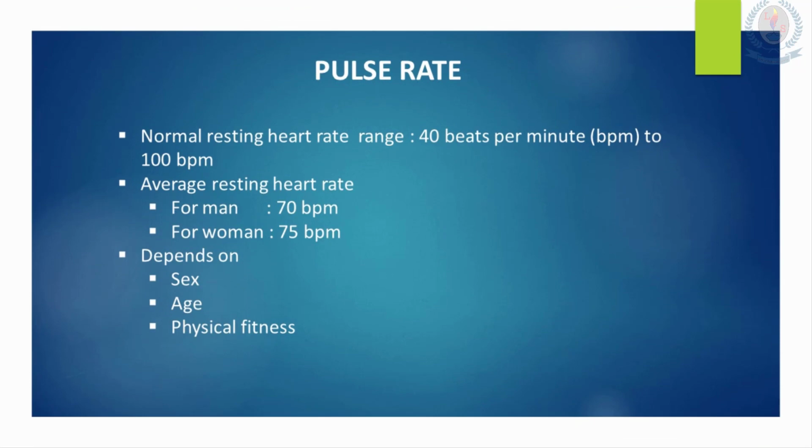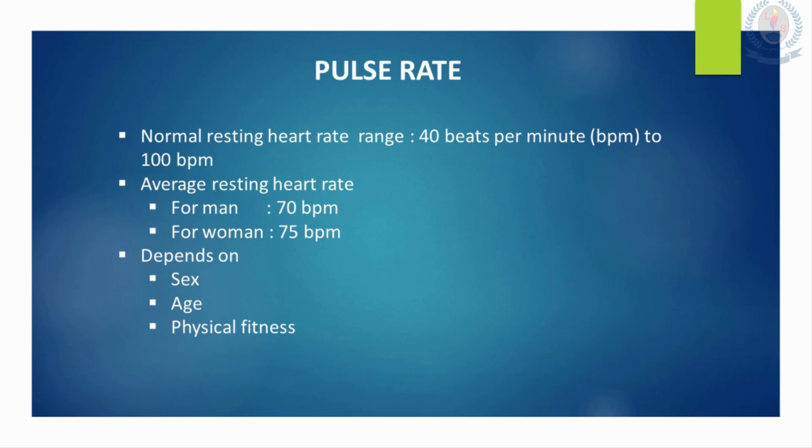Then pulse rate. Pulse rate is a measurement of the heart rate. It measures the number of times that the heart beats per minute. As the heart pushes blood through the arteries, the arteries expand and contract with the flow of blood. Taking a pulse not only measures the heart rate, but can also indicate the rhythm of the heart.